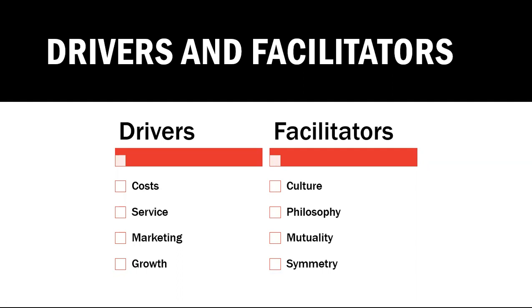Two organizations that have similar culture tend to work better together, or two companies that have similar philosophy also work better together, or two companies that have symmetry, for example, a big company cooperating with a big company. That's symmetry. Companies with symmetry also work better together.